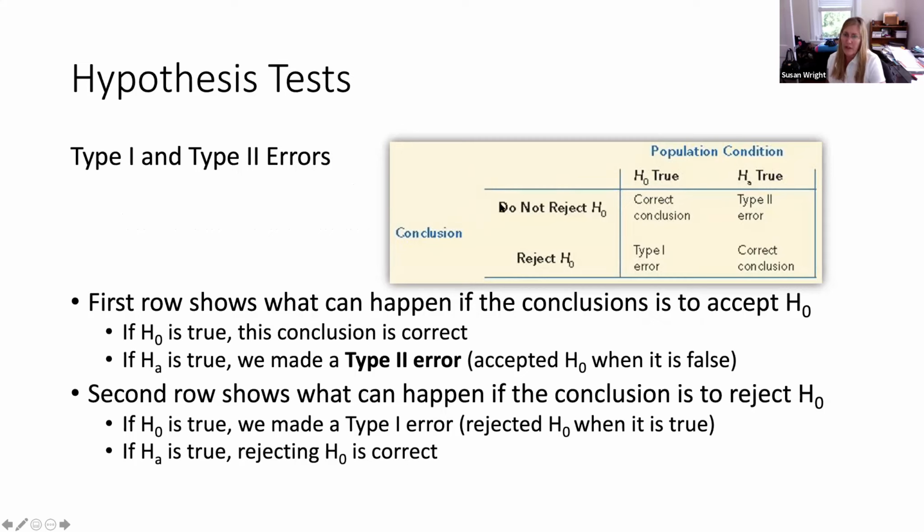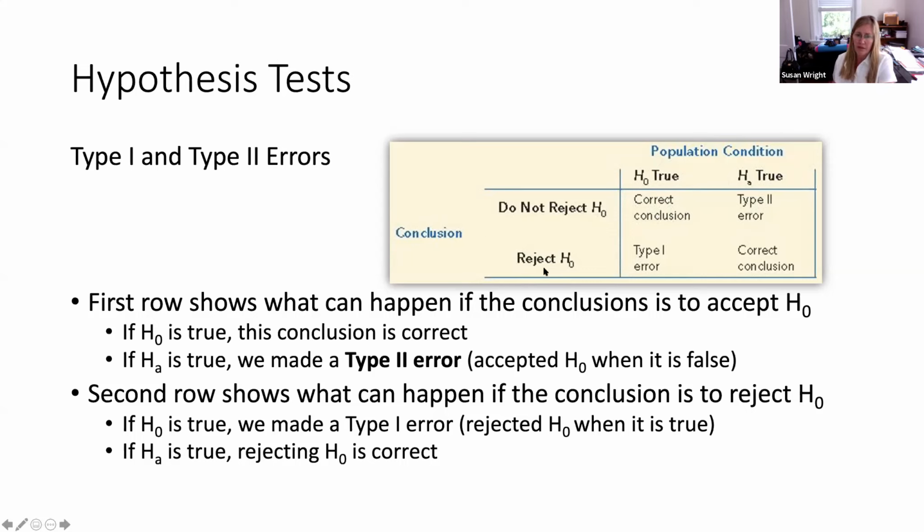And then over here, if you're not going to reject, but this condition is true, then you'd have what we call a type 2 error, meaning that you didn't reject the null hypothesis when you should have, okay? So you assumed that it was true, and in fact, it wasn't true, okay?